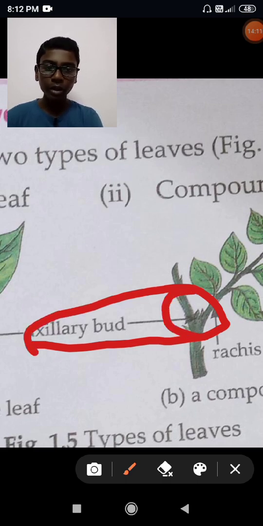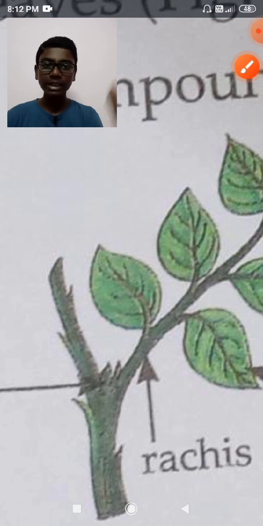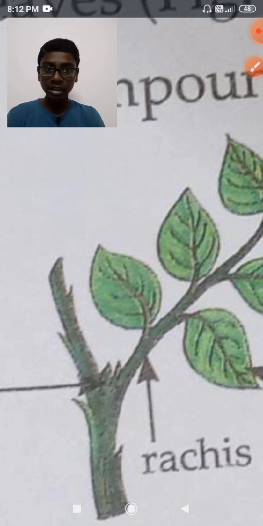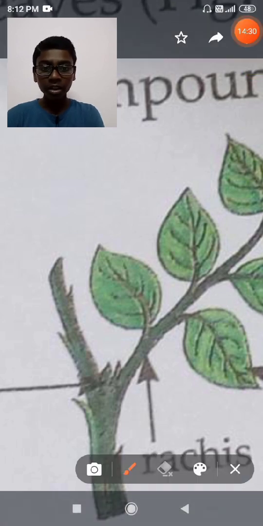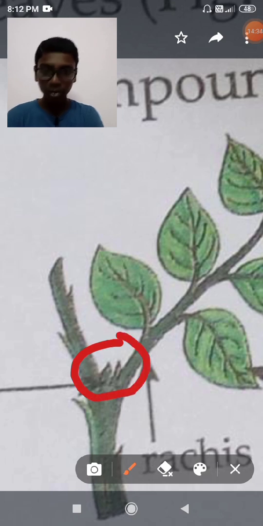Now we know the axillary bud is present in the axil, but how will we understand that this place is known as the axil? The place between the leaf and the stem is known as the axil. Now over here you can find that the place where the axillary bud is present is not between the leaf and the stem.